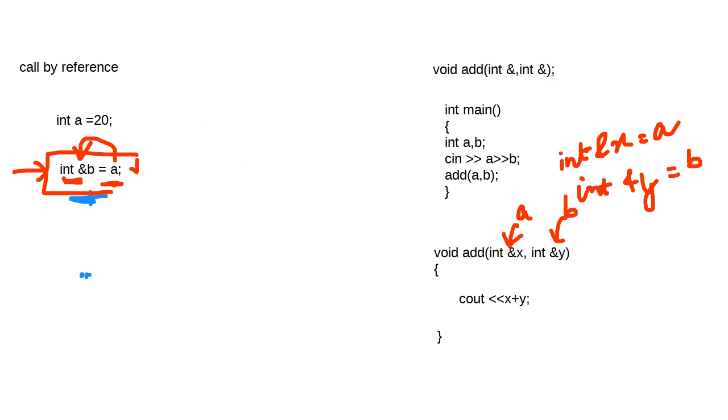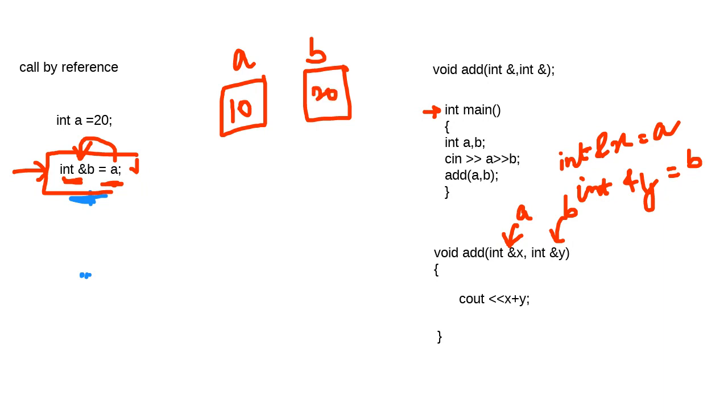That's how you're receiving, right? So the prototype would be void add int ampersand comma int ampersand. Again, come back. Talking about the main, as soon as the main starts execution, a and b, these two variables are created, right? A contains a value 10 maybe, b contains 20.